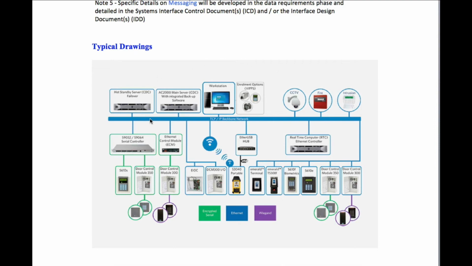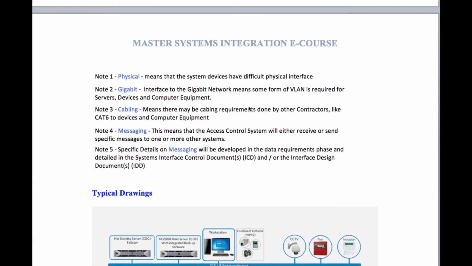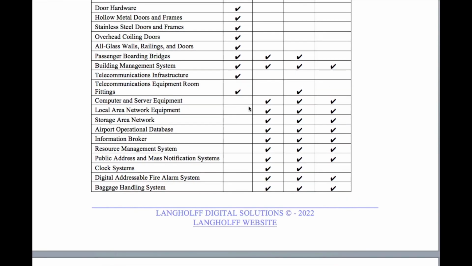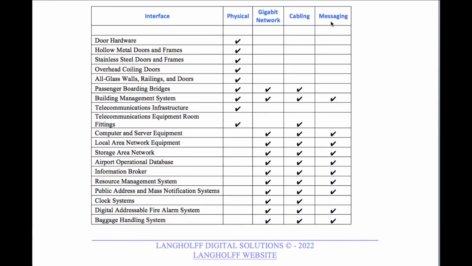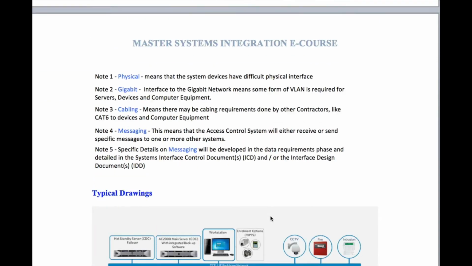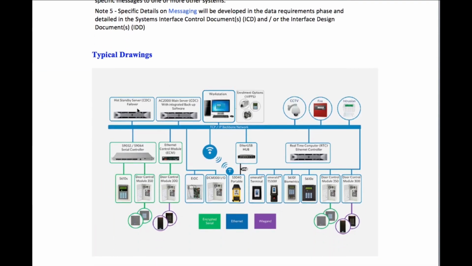Again, looking at this drawing, you will see several. Anything that has anything to do with messaging or gigabit means you need 1, 2, 3, 4, 5, 6, 7, 8, 9, 10, 11 other interfaces, which are not shown on this drawing.